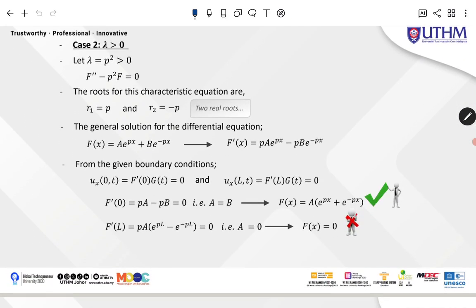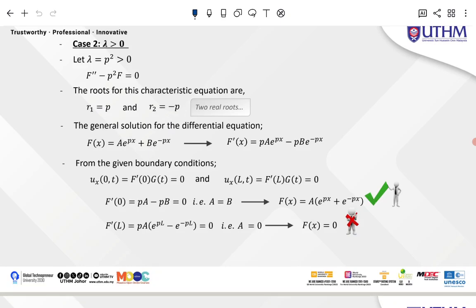Then we move to another case, lambda bigger than 0. Here we have two real roots when we solve the second order differential equation, and when we apply the boundary condition, one condition is not satisfied at x equal to L, so we cannot use this as a solution.